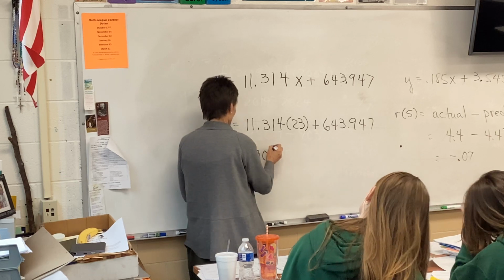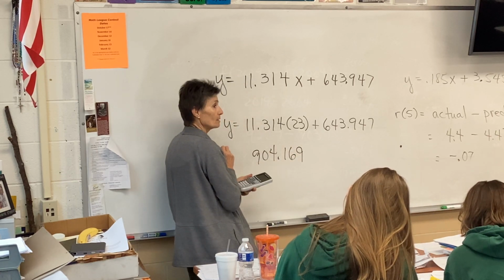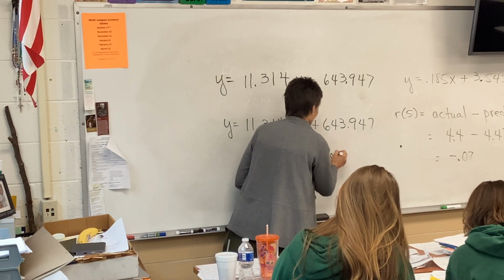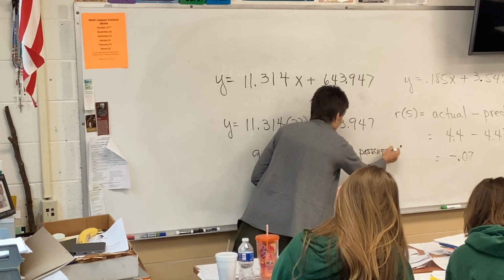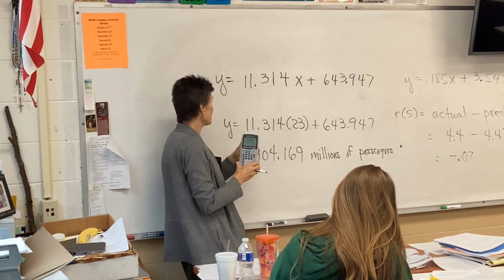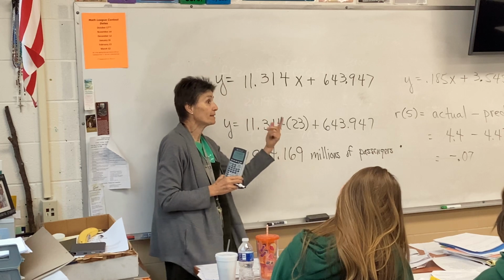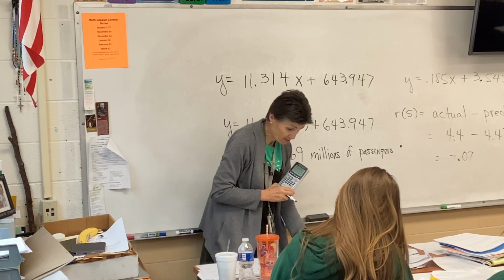I got 904.169, is that right? And that's millions of passengers, right? If we plugged in a 23, we're saying that in 2023, there are this many millions of passengers.